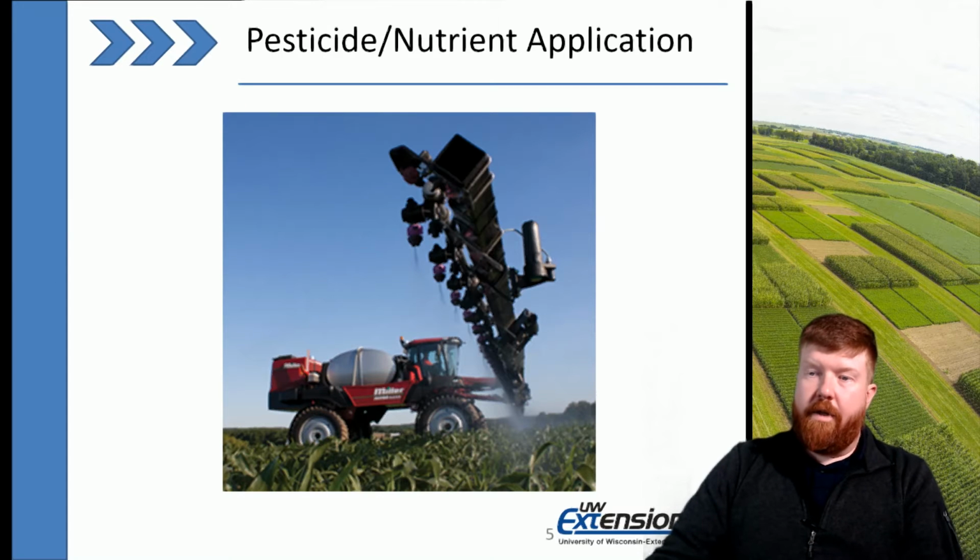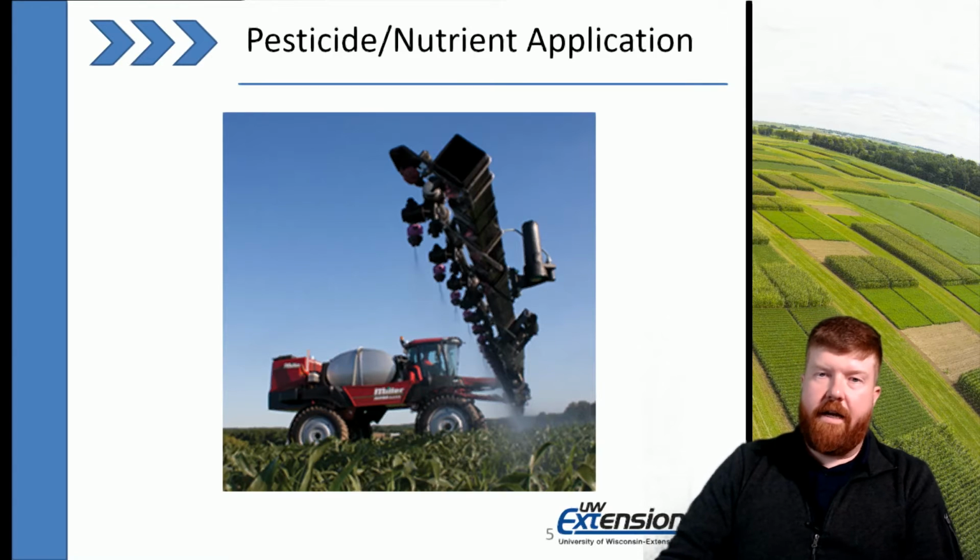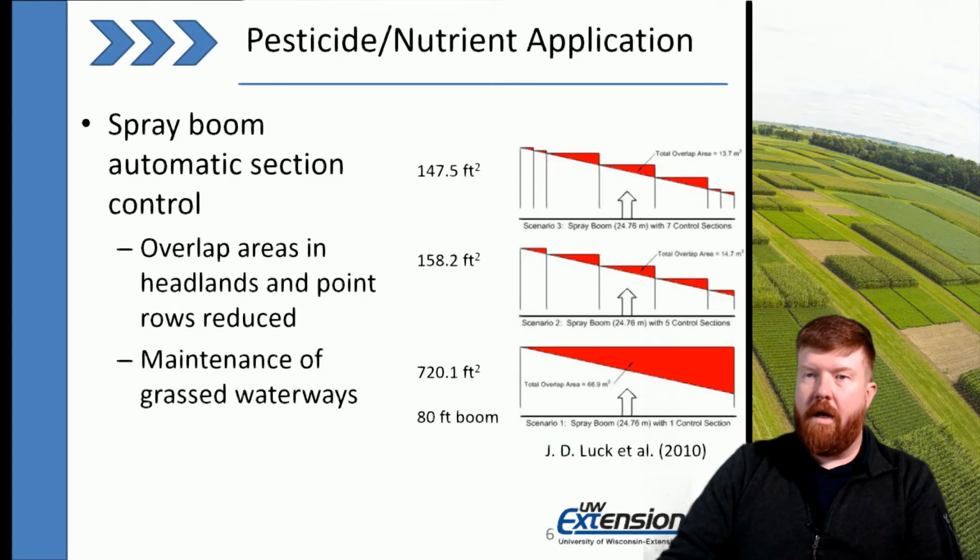So looking at some of the other technologies that are out there, looking at pesticide and nutrient application, you may not have this technology, but you may be able to access it due to a co-op doing custom application or things along those lines. One thing I'll bring to your attention is using automatic section control on your spray boom.